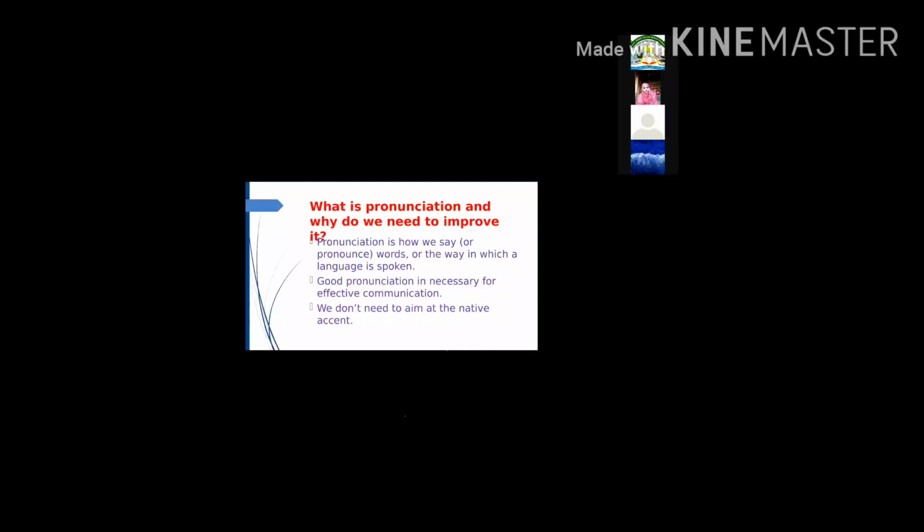Now, why do we need phonetic symbols? We need phonetic symbols because our spellings do not correspond with the English sounds. For example, there are a lot of silent letters, like the word honest, which begins with H. We have so many similar words.